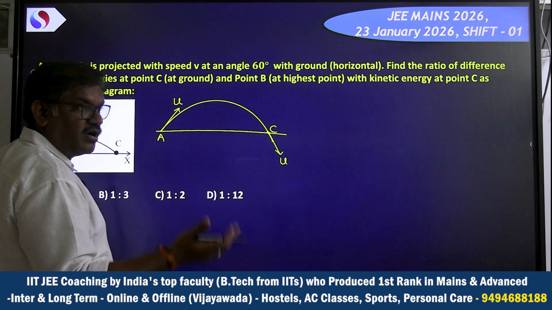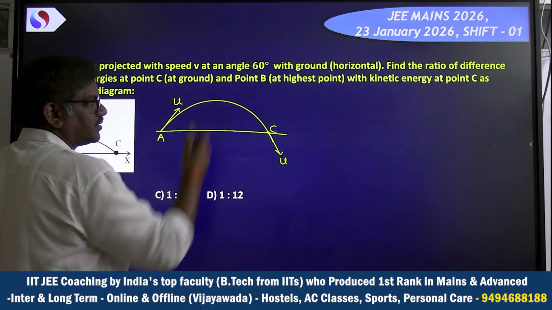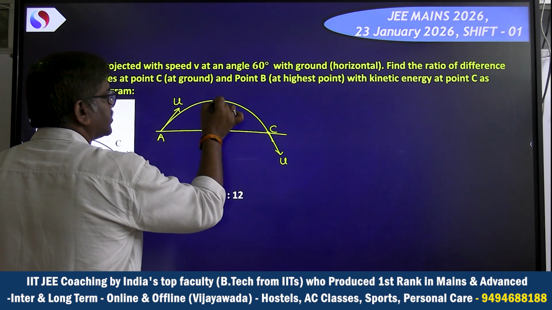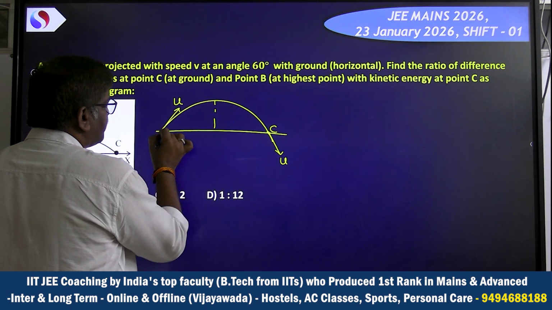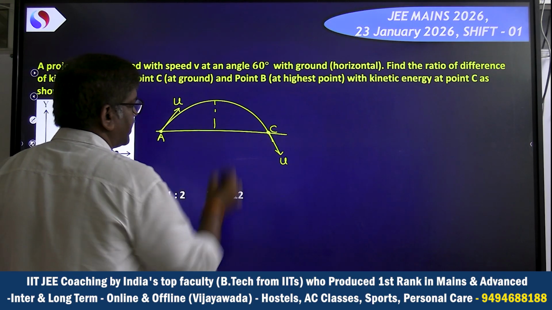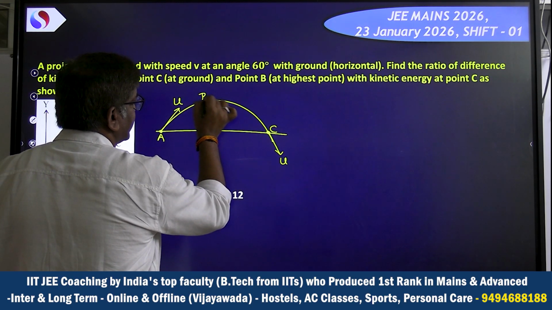If we are not neglecting the air resistance, which is obviously neglected when it is not mentioned, at the point A and at the point C, both points are having the same speed. Whereas B is representing the highest point.